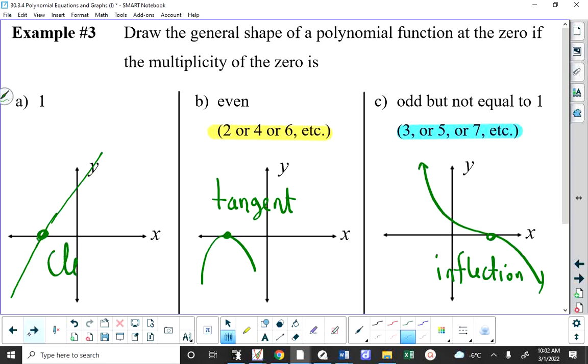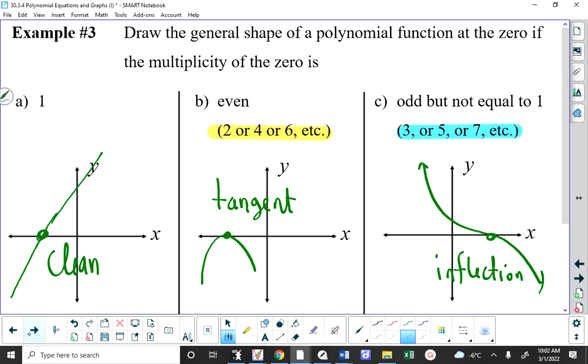And this word clean is just something I've always used. Tangent, that's in the curriculum. It's a mathematical word. Inflection, that's a mathematical word. But we don't have one for the other one. And I think clean or cleanly kind of summarizes it. And I suspect if you wrote a diploma exam and you said that x-intercept is clean, I think the marker would probably go, oh, yeah, that makes sense.